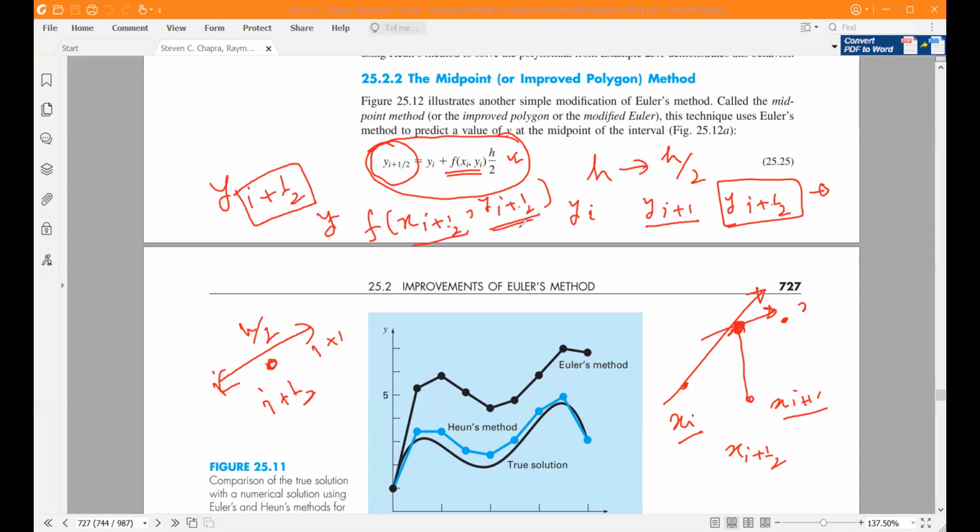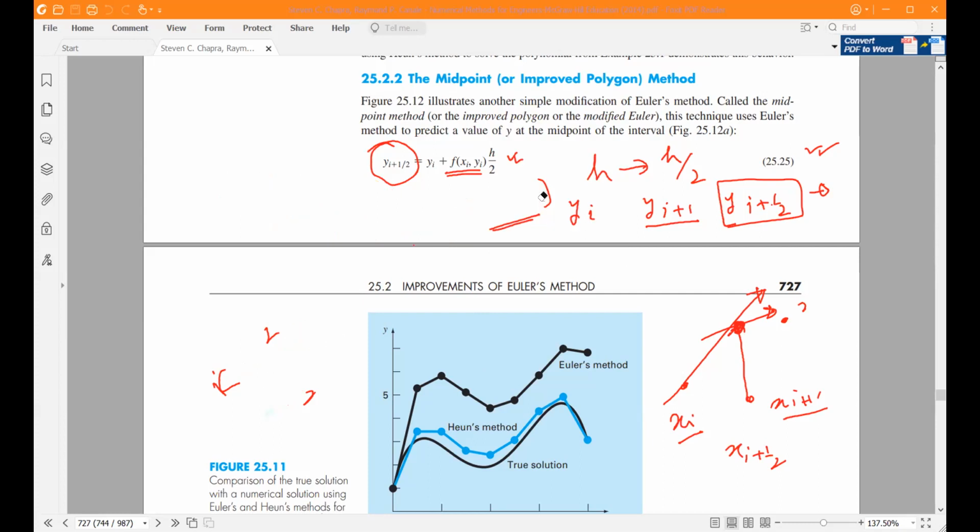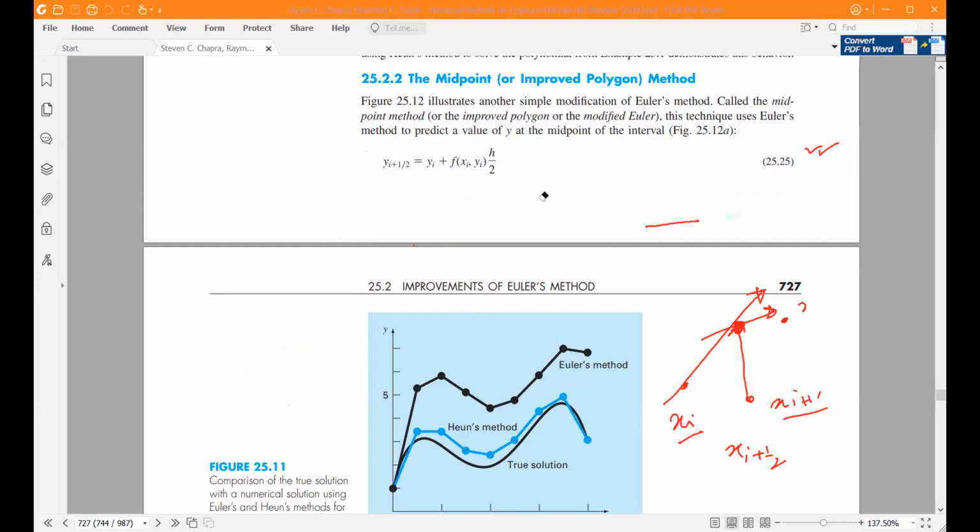That yi plus half is the value of your function calculated by Euler's rule, with h equal to h by 2, using equation 22.5. Up to this point, it is Euler's rule. Next, once yi plus half is available, we calculate the slope at the midpoint. Then using that slope, we use Euler's rule to find the value yi plus 1. So this is your midpoint rule.